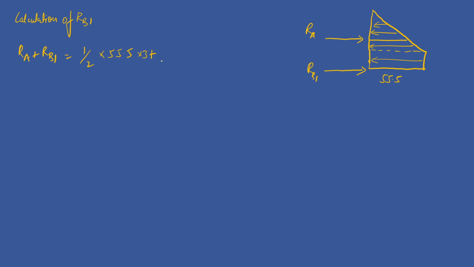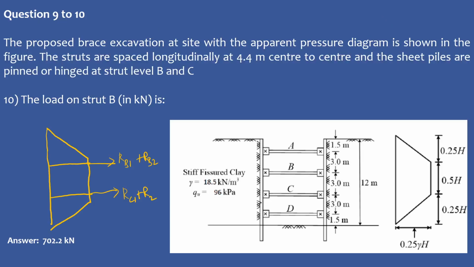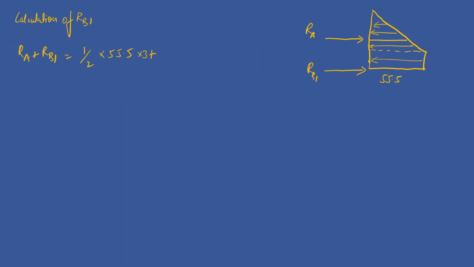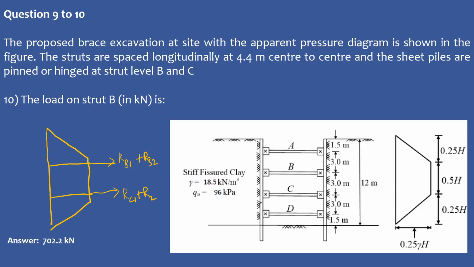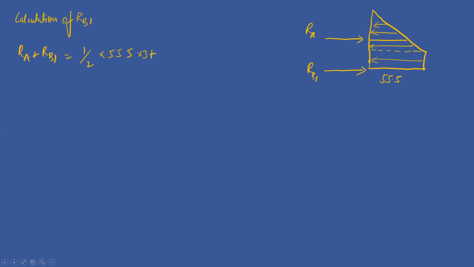Then you have a rectangular part, for which the total height available is 1.5, right? Yes, sir. So 1.5 into 55.5.